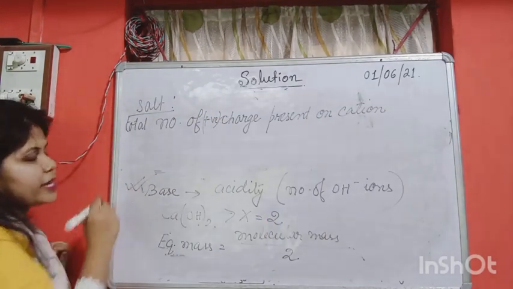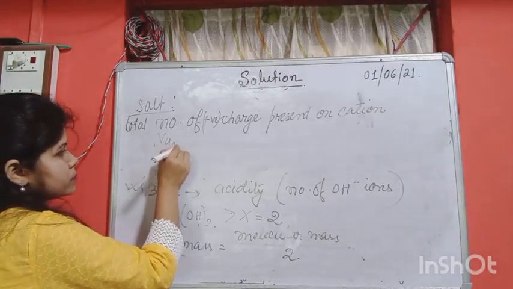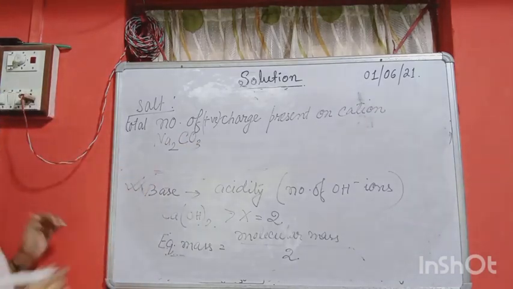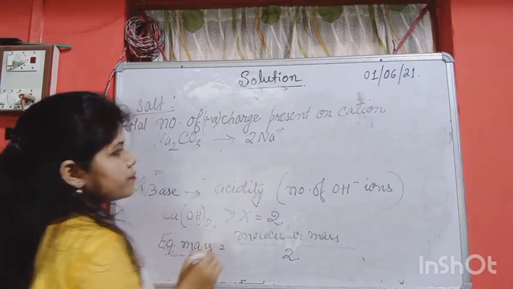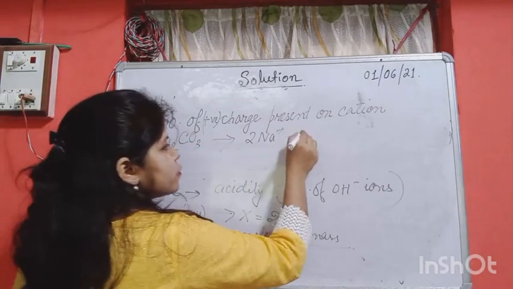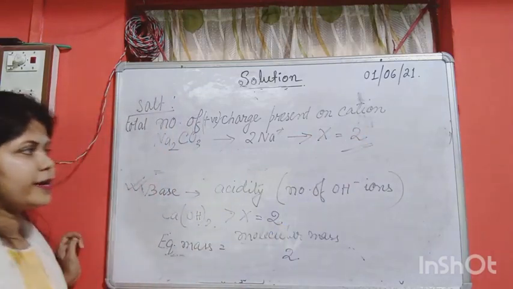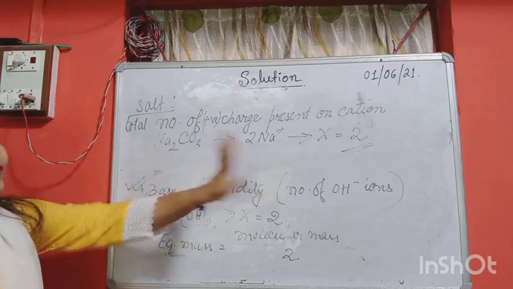Suppose I am taking an example as Na2CO3. In Na2CO3, the total number of Na is twice Na plus. Yes or no? So how many total charges for that? X will be 2 only, the total number of positive charge on the cation. So twice Na plus, CO3 2 minus. So for that the valency factor is 2.